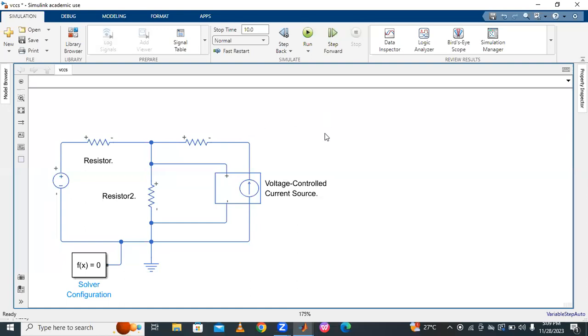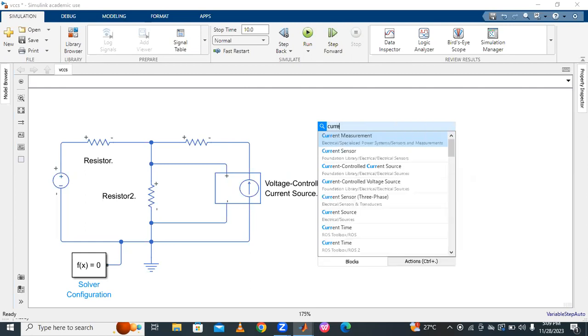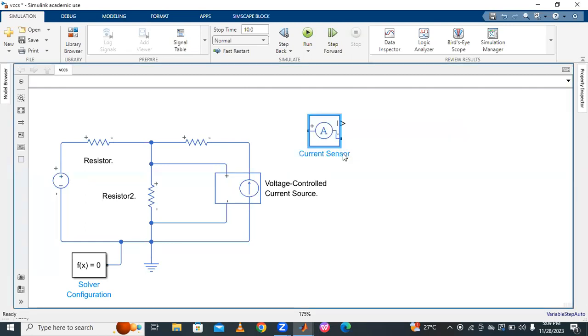Take one current sensor right here. In Simulink, that is called current measurement, but in Simscape we have to use a current sensor. Connect the positive terminal to the positive terminal of this resistor, and the other terminal to here.